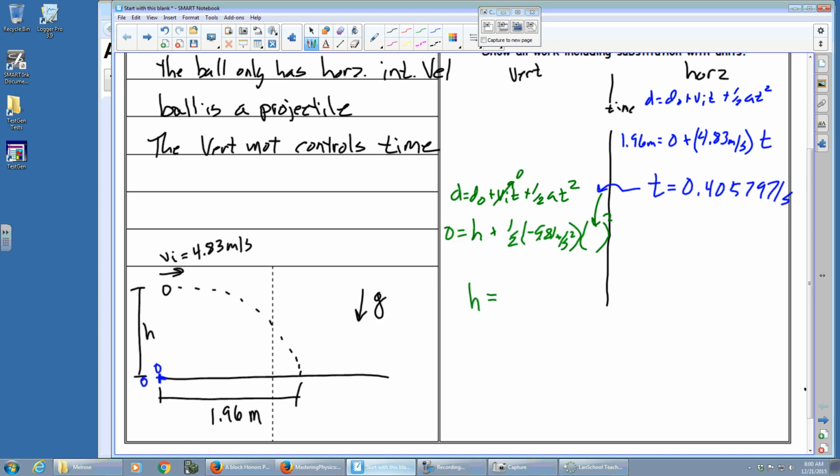Solve for H. So for me, I get 0.808 meters. And let's see how many sig figs the problem asks for.